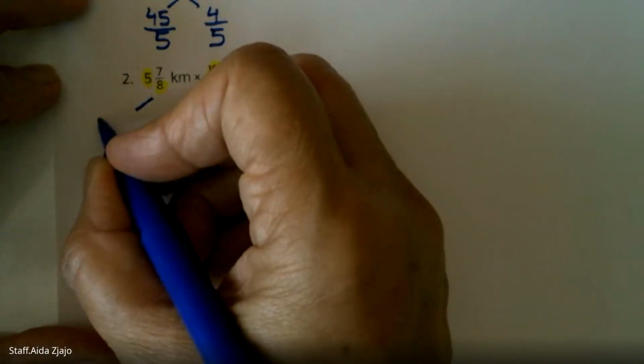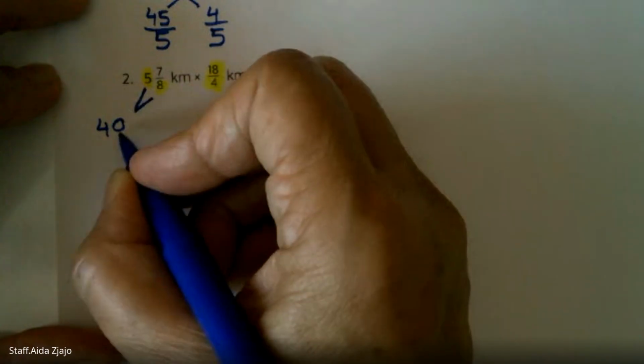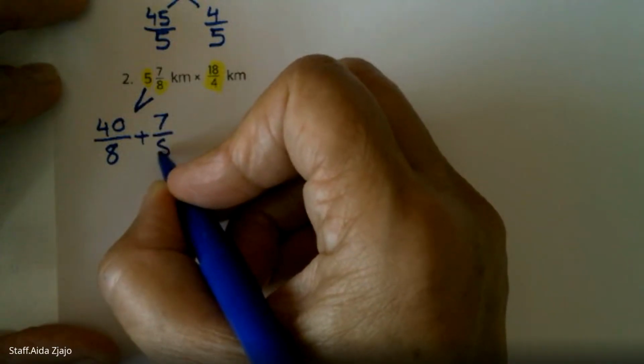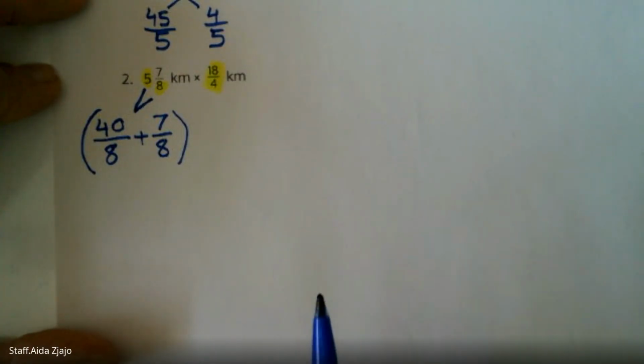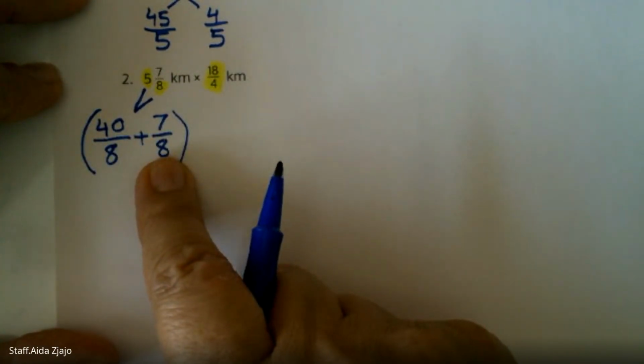So 40 plus 7/8 will give me 5 and 7/8. When you know that, you will get 47/8.